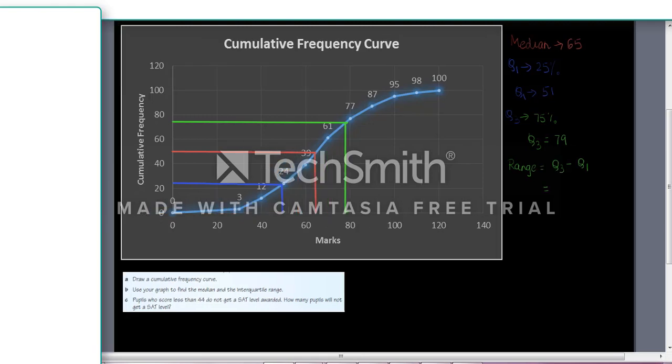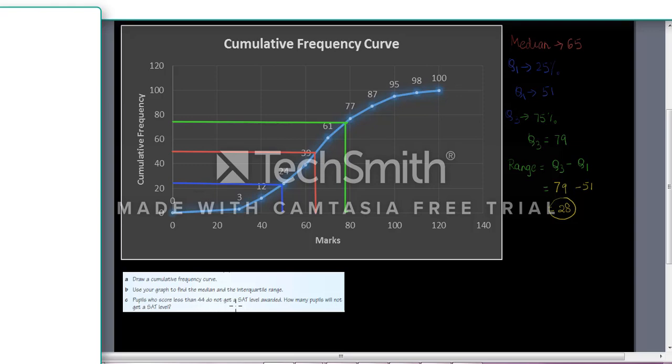Now let us move on to the last part of the question, wherein we need to find out the pupils who score less than 44, because these are the people who then don't get a SAT level award. So in this case, it's actually going to be the other way around, wherein we have the value in the x-axis and we're going to use the curve to find out the corresponding value on the y-axis.